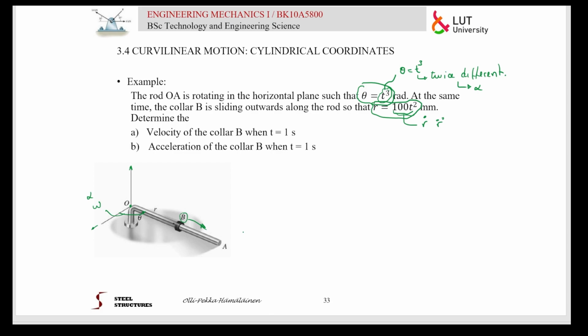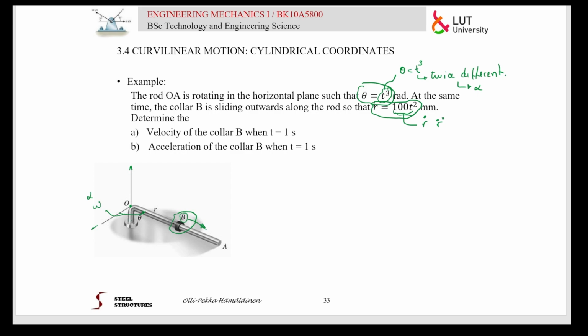Okay, now that I have cleared those concepts, tell me: what's the velocity of collar B when t equals 1 second, and what's the acceleration of collar B when t equals 1 second also? The complex thing here is that the movement of B is comprised of two independent movements.